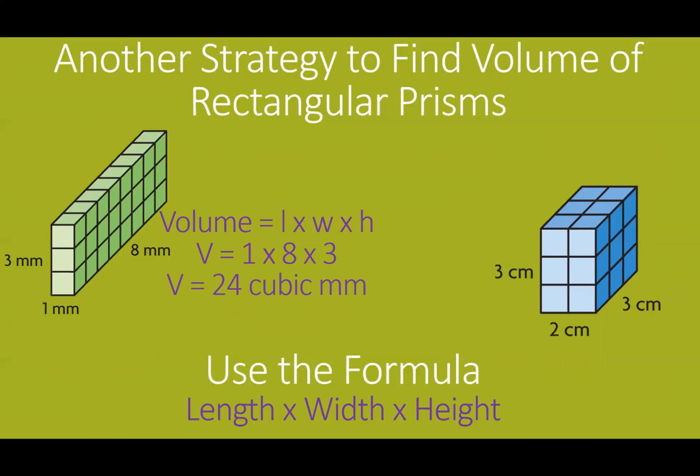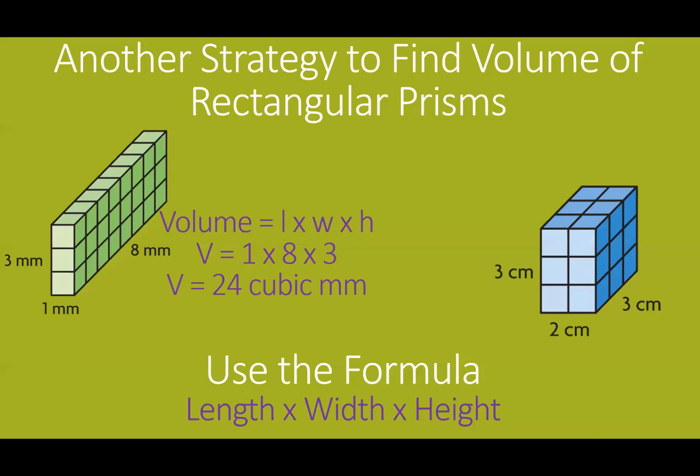Now your answer is not 24, and your answer is not 24 millimeters. Your answer has to have the word cubic in it or something that mentions that it's a cubic unit. That way we know for sure you're talking about volume. You're talking about the amount of space it takes up.